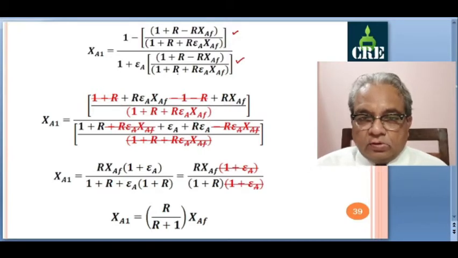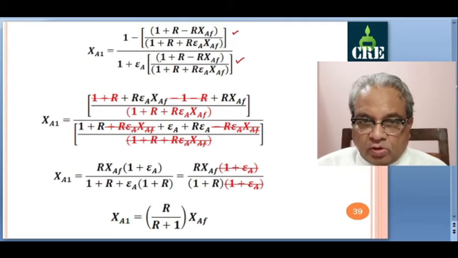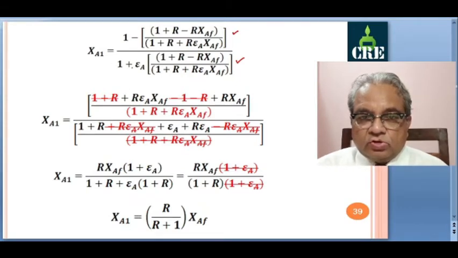Then the denominator: here also the denominator term is same as the numerator term. So we have written it here, and you solve this. Okay. So 1 plus R epsilon A XAF term as it is, and all these terms multiplied by epsilon A with plus sign. So epsilon A, R epsilon A minus R epsilon A XAF. So plus and minus R epsilon A XAF, this term cancels out.